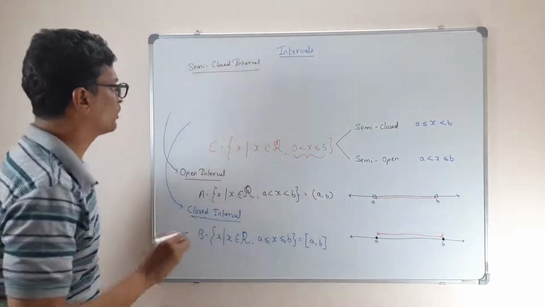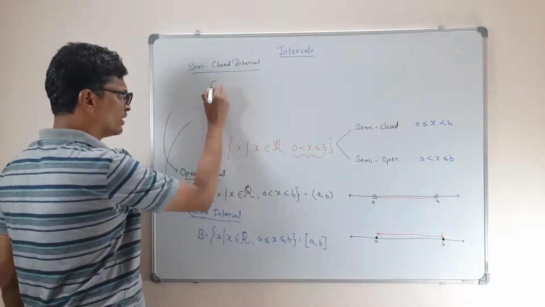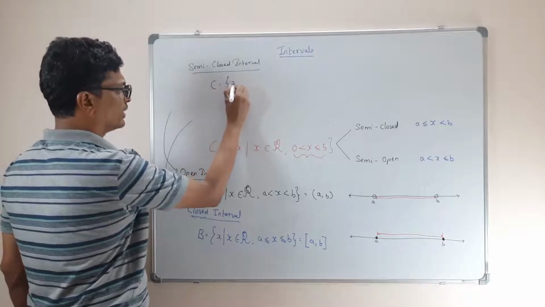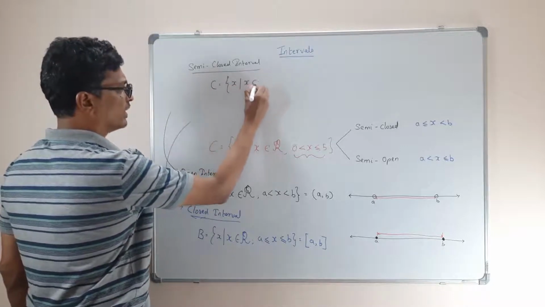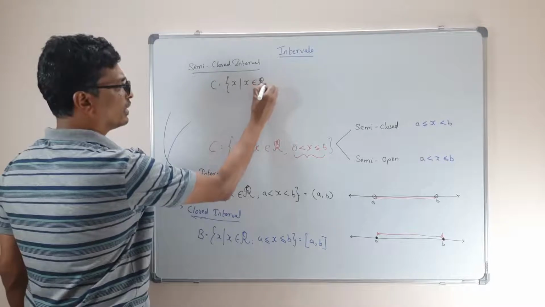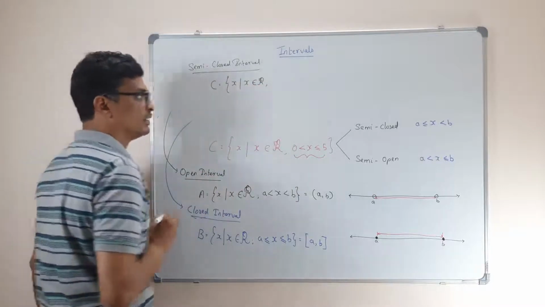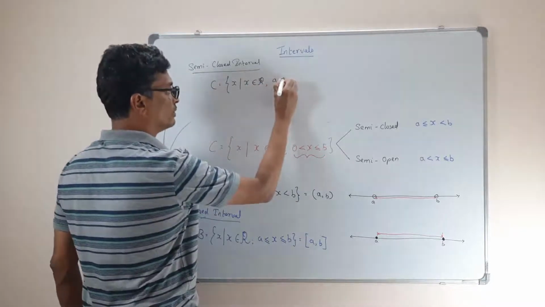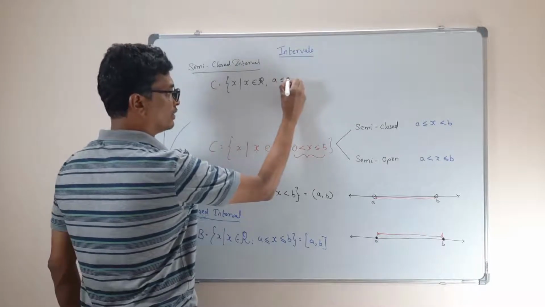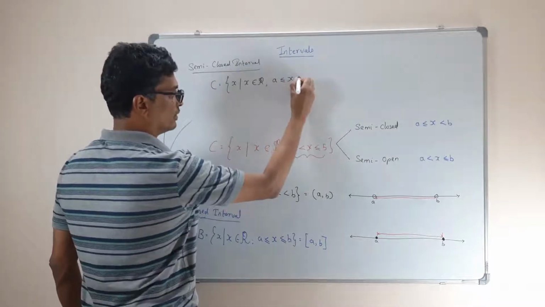How do you represent a semi-closed interval? Let us say it is C. C is the set of X such that X is an element of R and A is less than or equal to X, which is less than B.